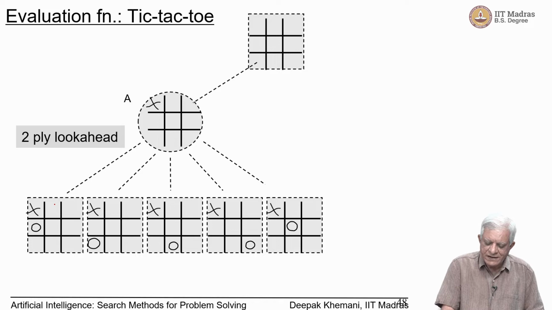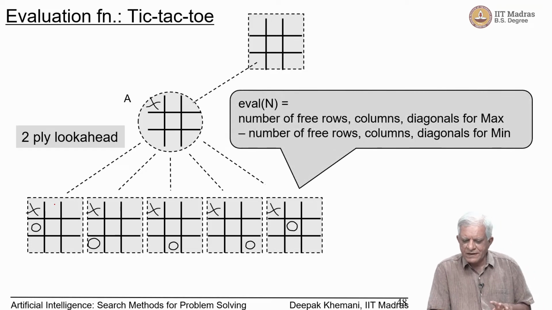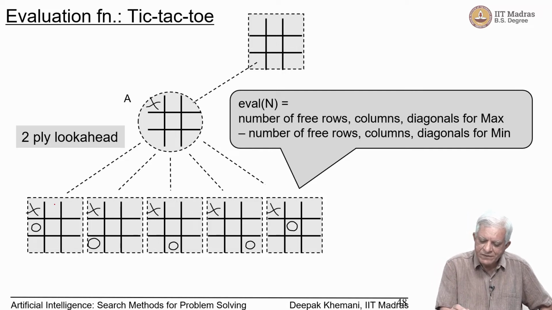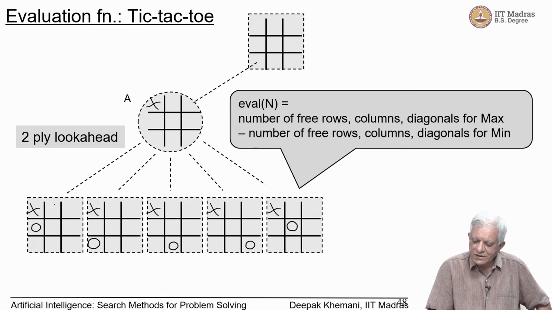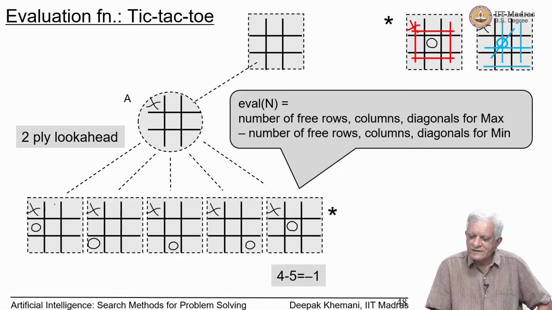So, if you look at the last of these board positions, you can see that if we count the number of free rows, columns and diagonals for max and subtract from that the number of free rows, columns and diagonals for min, then this is the count as you will see for this board position which is marked as star.